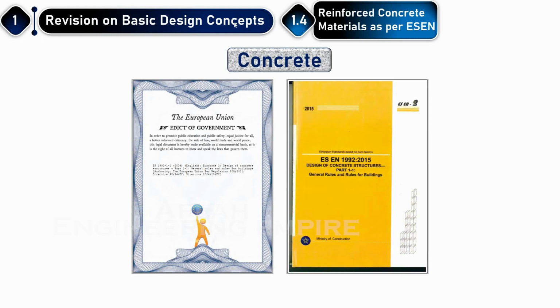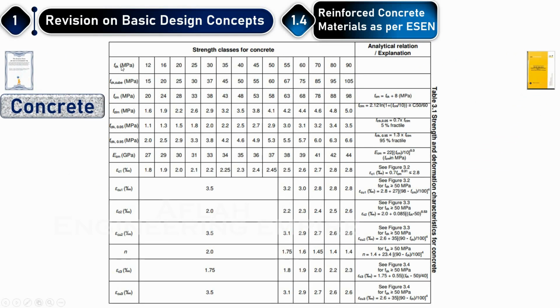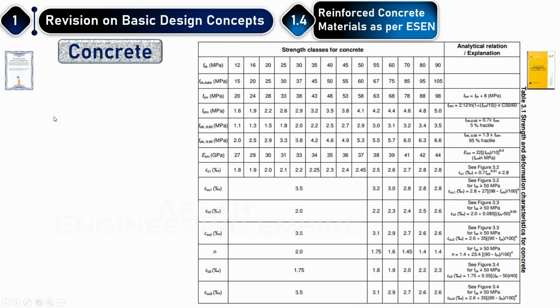Now, if I start with the concrete, as per the Eurocode and as per the ES EN, the same Table 3.1, they show us that the concrete grades are indicated or labeled using this kind of indexing. Okay, for example, concrete C20/25.